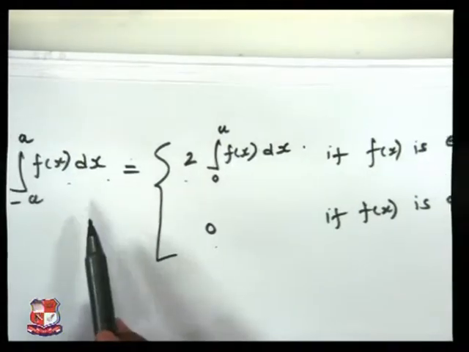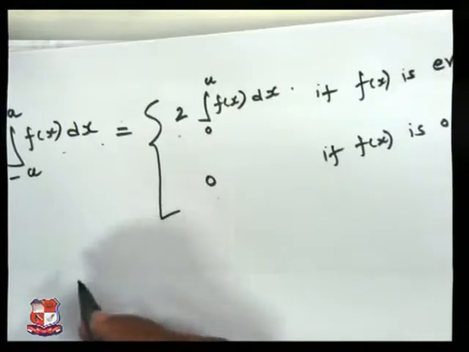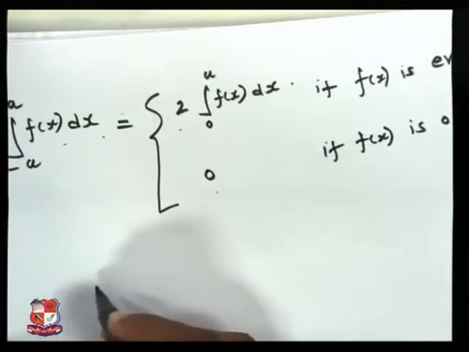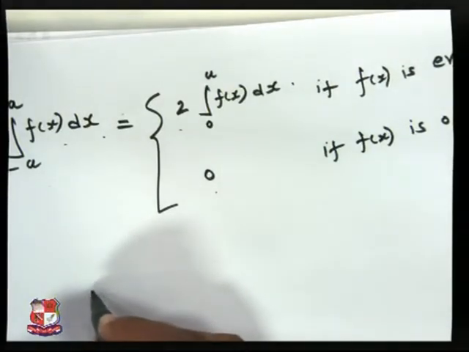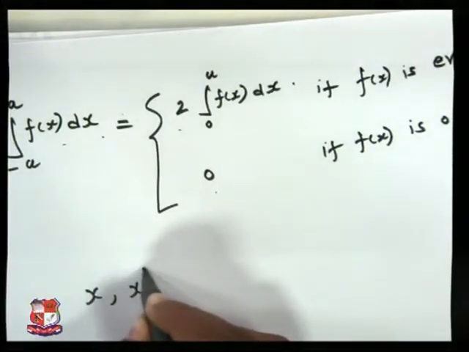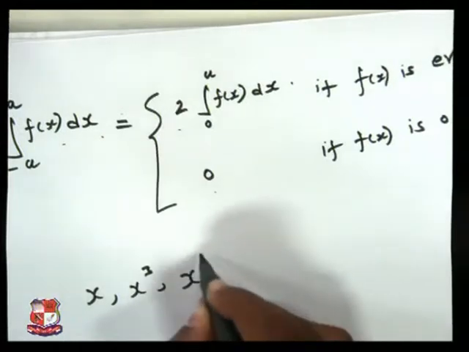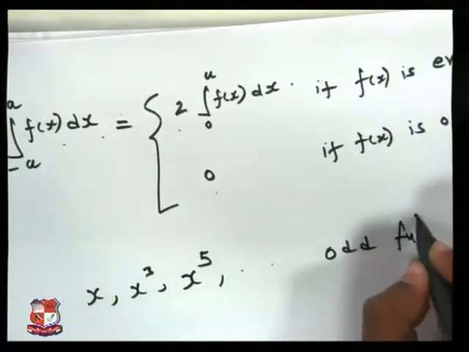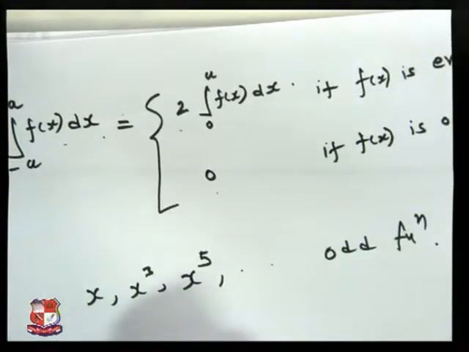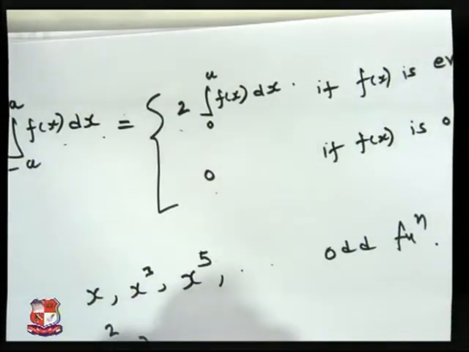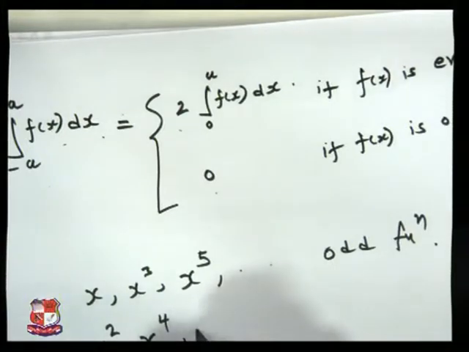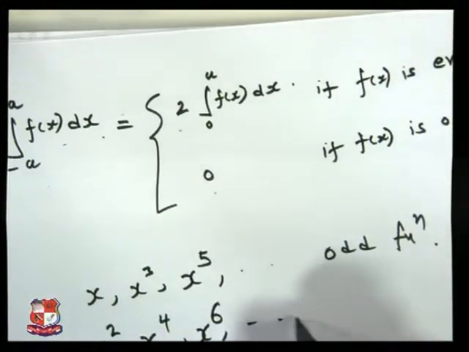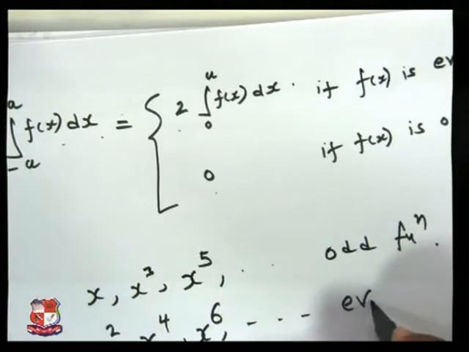So we use this important result because we know that the odd powers of x are odd functions, that means x, x cube, x raised to 5, these all are odd functions, and x square, x raised to 4, x raised to 6, these all are even functions.